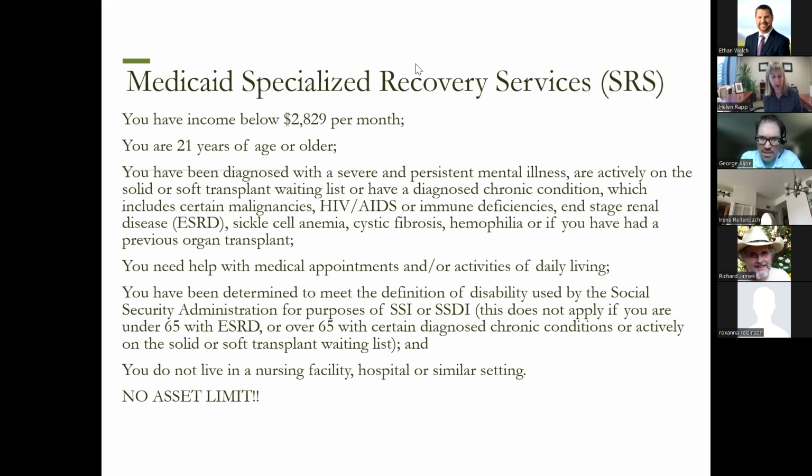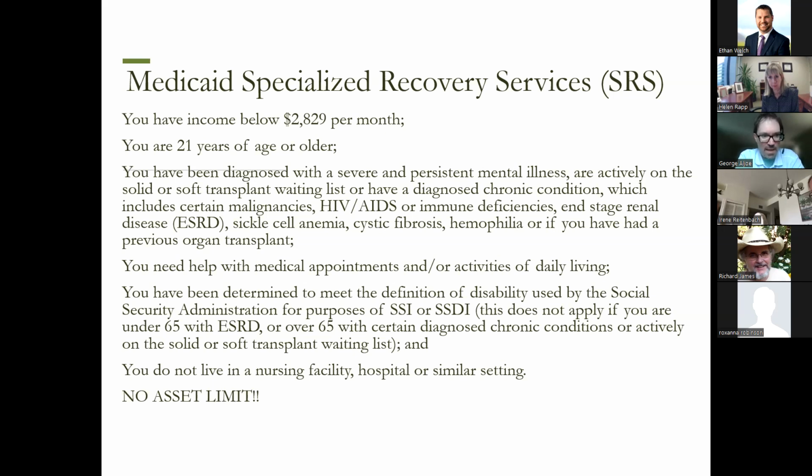This program is something they are also eligible for. Specialized recovery services has a higher income threshold. This year it's $2,829 per month, which is much higher than the $943 traditional age, blind, disabled Medicaid limit.